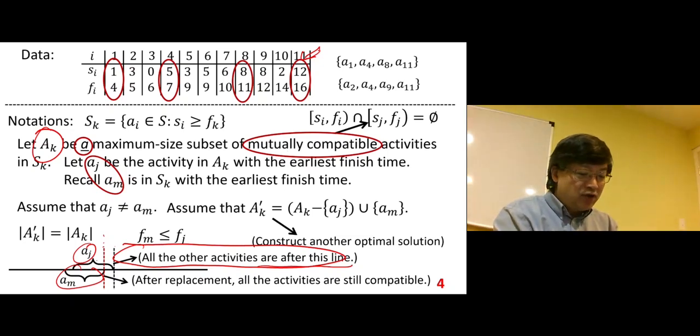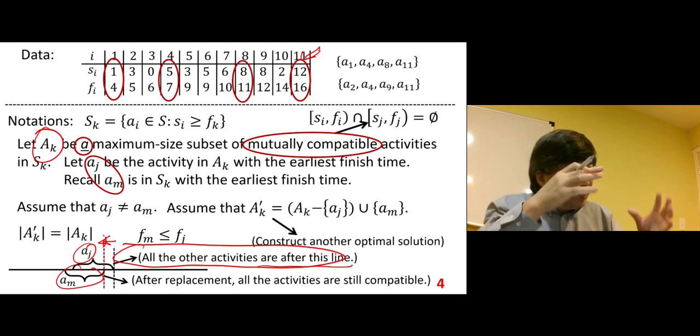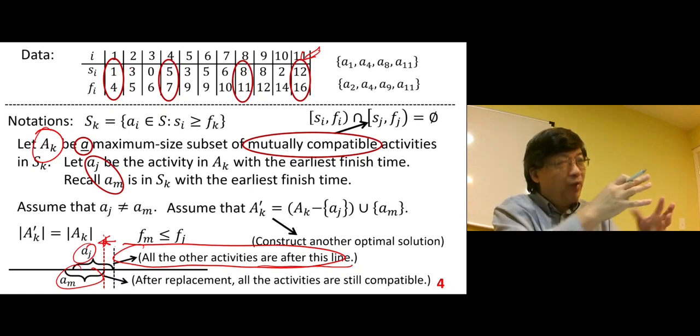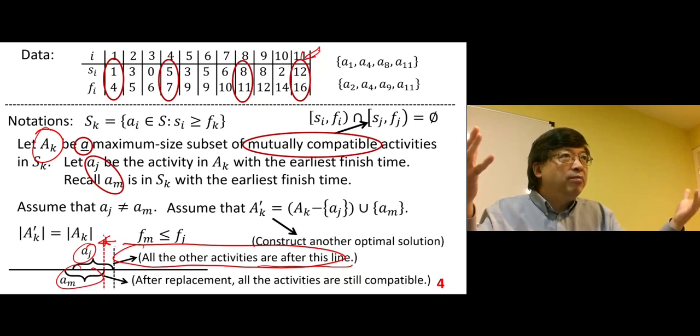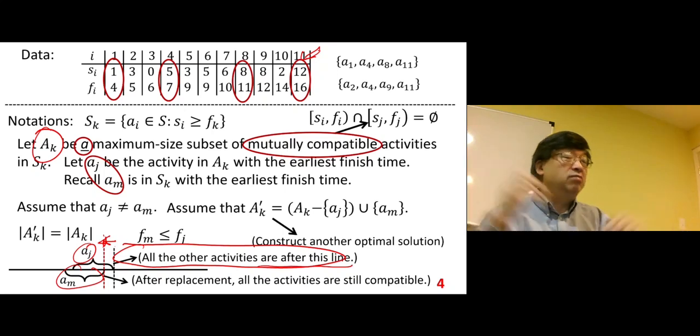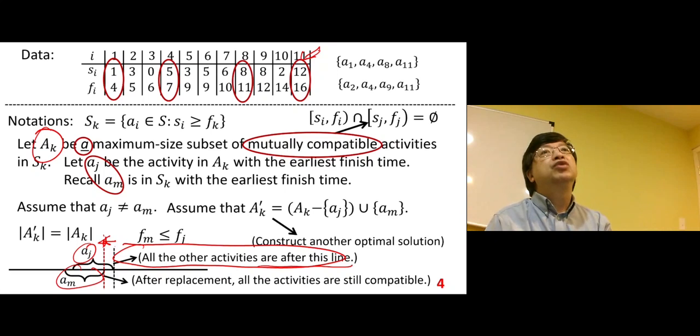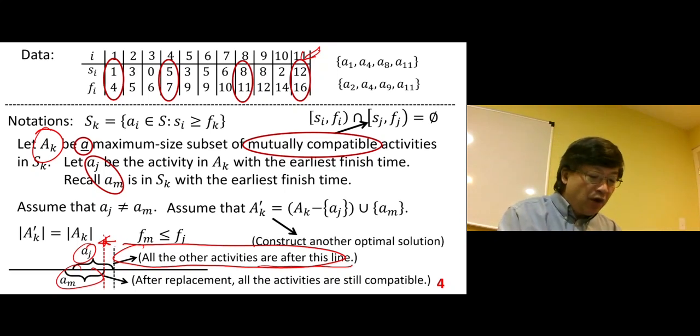After this replacement, actually we push the finish line to the left. Then we do not violate the mutual compatibility property in the original set, right? We do not do any violation. This is the only change we do. Look at the change we do.